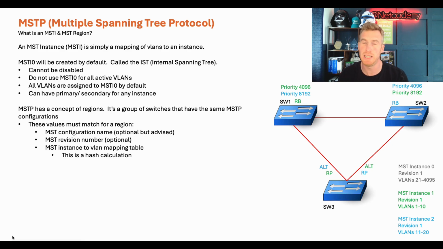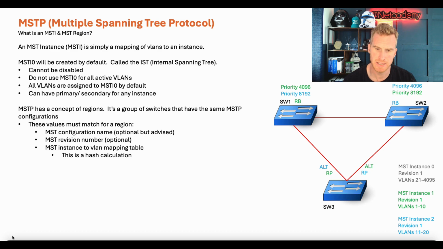So it is completely optional at the end of the day. But if you make a configuration change, whatever that may be, you might want to change that revision number from 0 to 1, from 1 to 2, etc. But again, that value has to match on all switches, as well as the configuration name, for all switches to be identified in that same region.